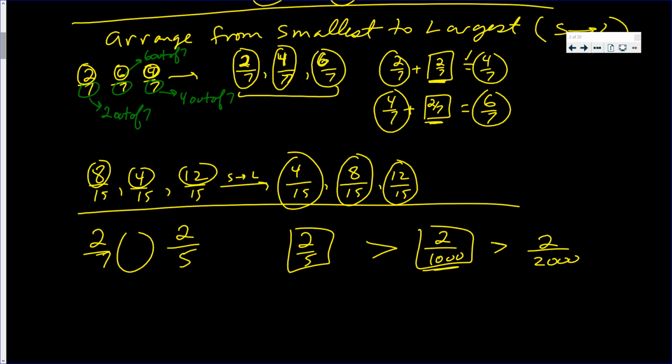And 2 out of 1,000 is better than getting just 2 out of 2,000. And you know what? If you got 2 out of 4 right, that's better than 2 out of 5.